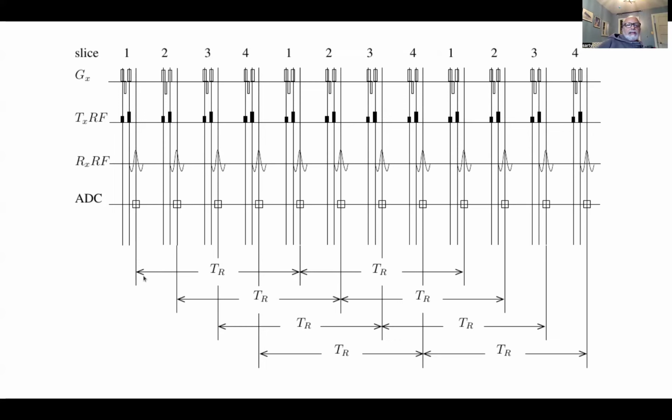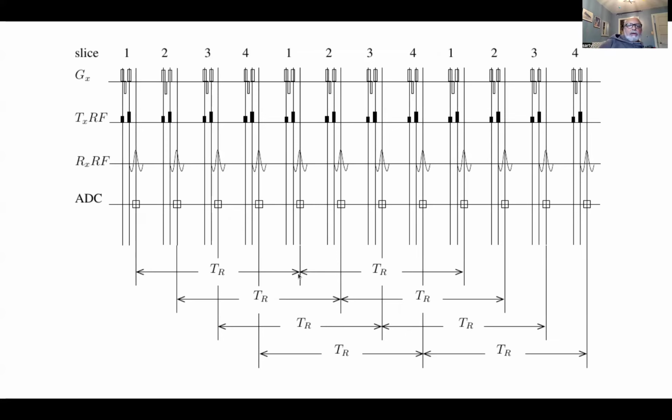And then you can see how the TR is used here. I have them kind of overlapping. So what happens is, if we are focused on one particular frequency, each of these slices represents different frequencies. So slice one is, say, frequency one.